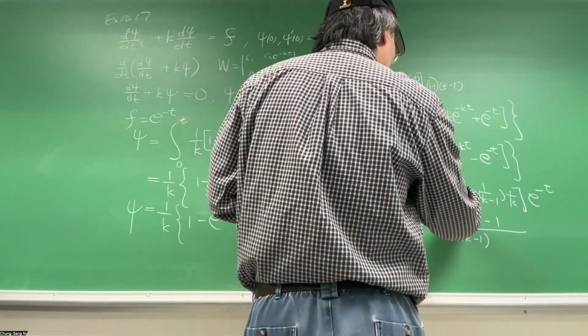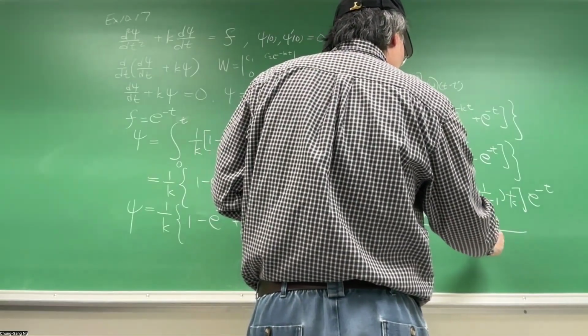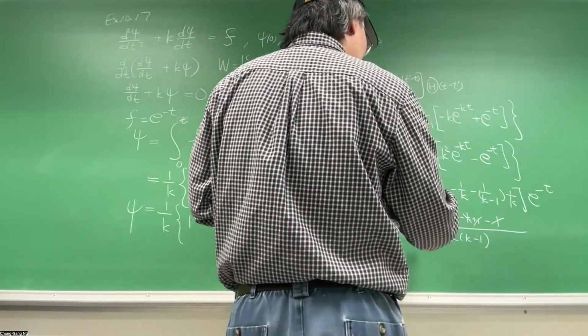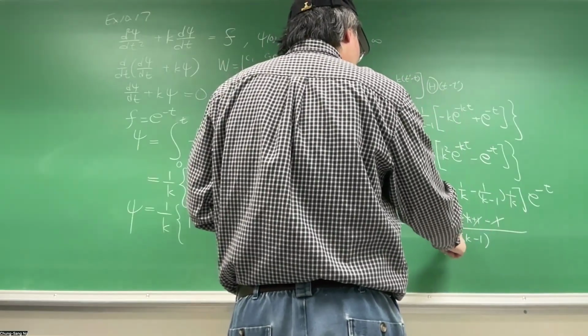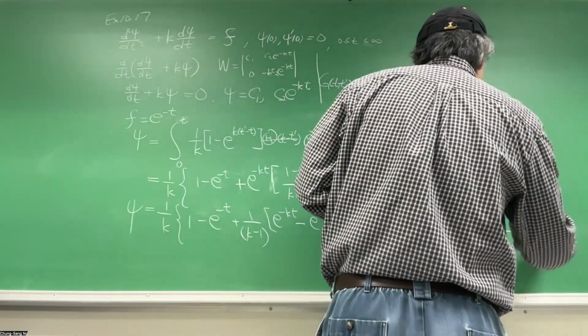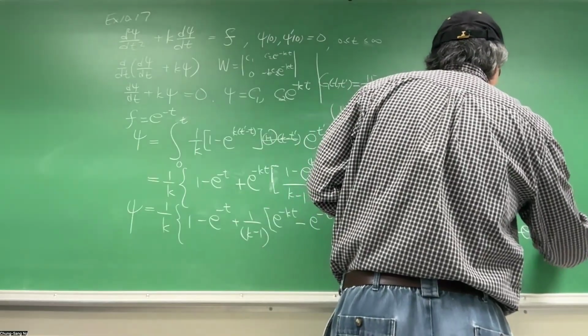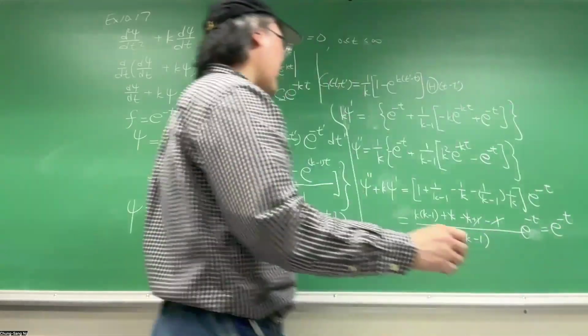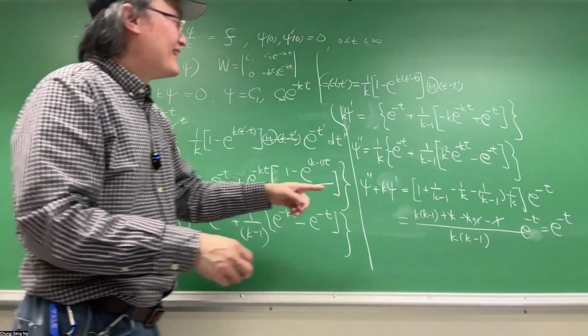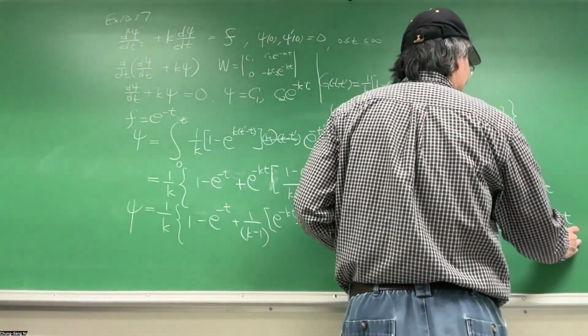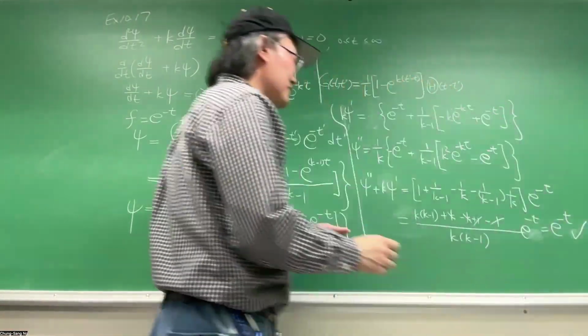Right? K cancels with k, 1 cancels with 1. K minus 1 divided by k minus 1 equals 1. So e to the minus t equals e to the minus t. Right, so that's the solution.